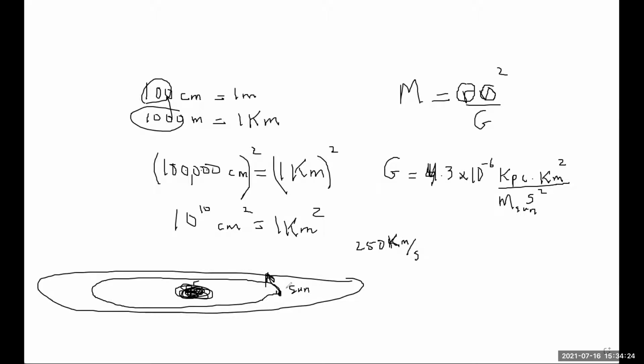And the distance of the sun from the center of the Milky Way, I believe it's going to be around, what is it, 50, 60 million light years. No, the Milky Way galaxy is about 100,000 light years across.